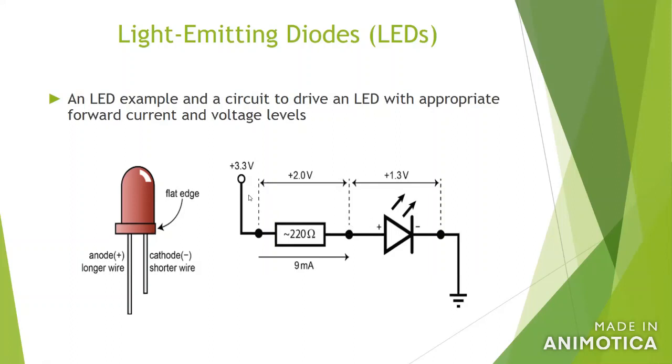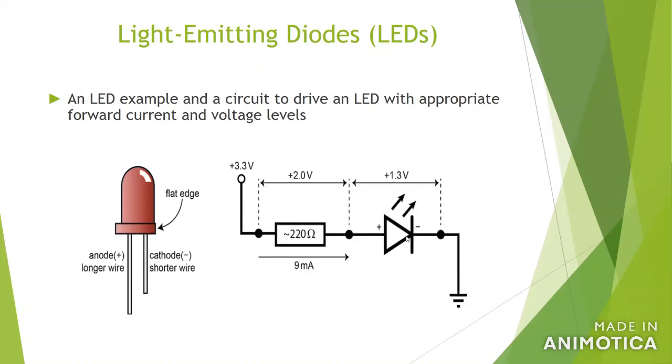Usually you don't directly connect the voltage to an LED, because if you do that, you will burn the LED. An LED has a limitation on the current supplied to it. You cannot supply current higher than the current expected by the LED.